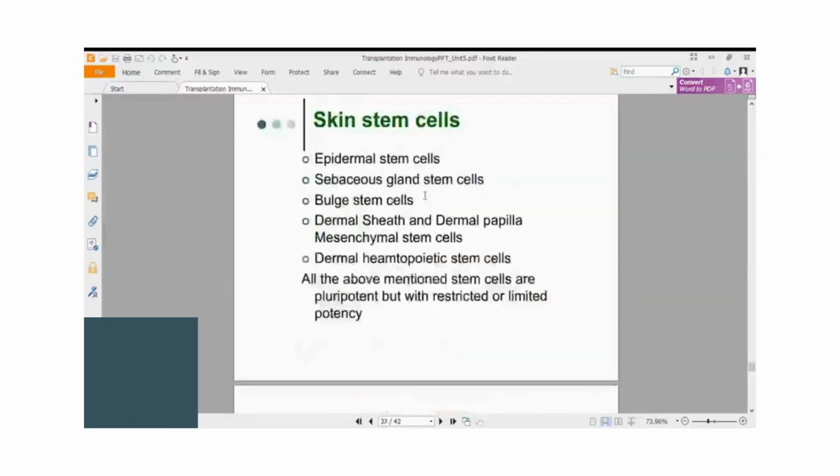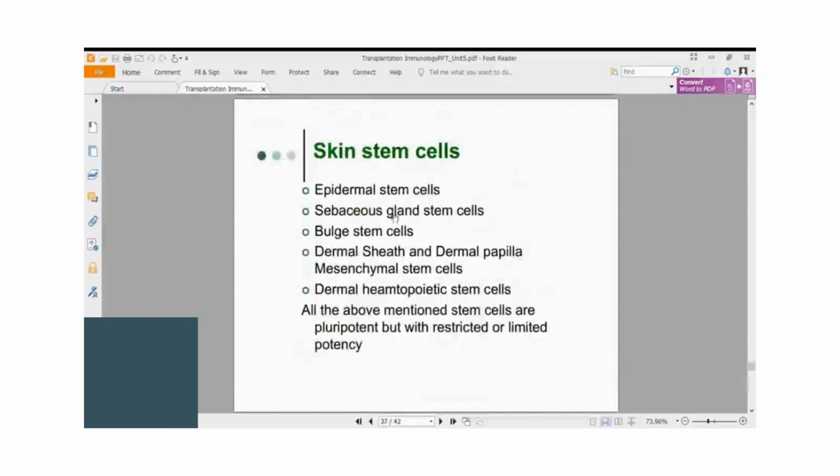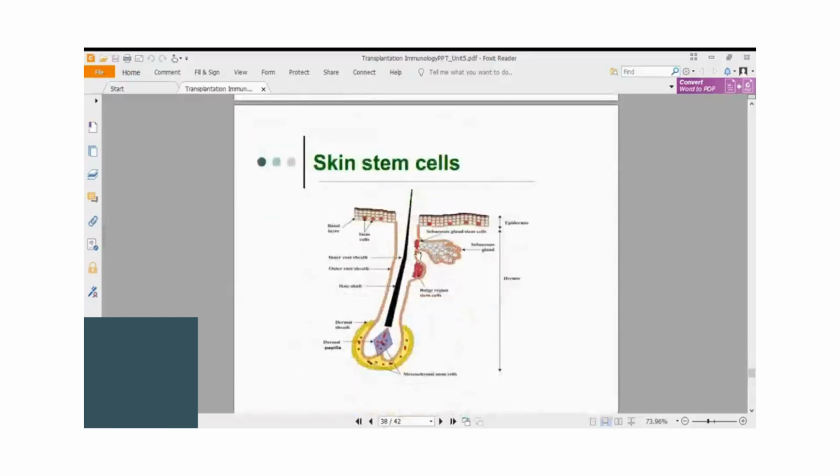Then comes the second category, sebaceous gland stem cells. The sebaceous gland is the gland that always accompanies the hair follicle duct. This is the duct of the hair follicle, and this is the epidermal hair which emerges from the hair papilla at the bottom in the dermal layer. The socket around the hair has a finger-like projection or outgrowth, and that is called a sebaceous gland.